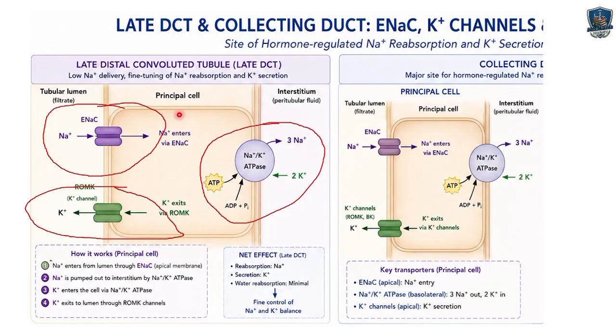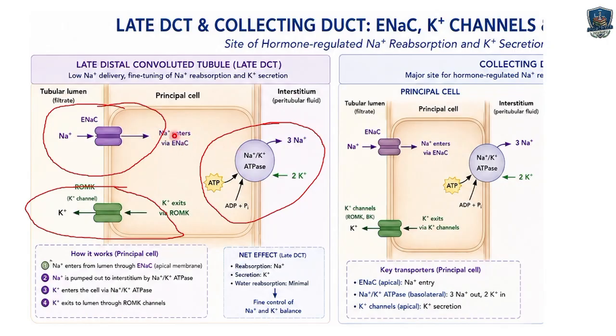When sodium has been reabsorbed, the sodium will be reabsorbed further to the blood by the sodium potassium ATPase pump. The three sodium ions will be taken to the blood, or into the interstitium or the peritubular fluid, in exchange of two potassium ions.